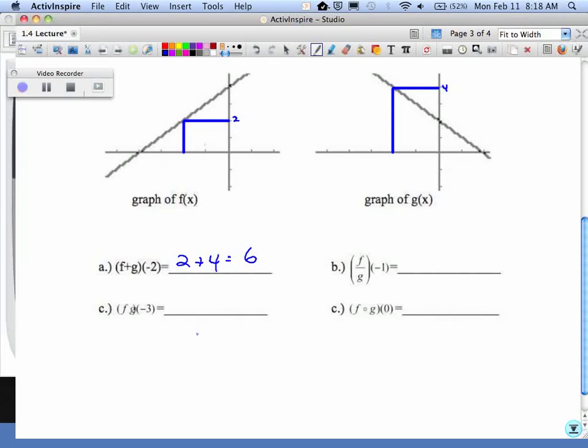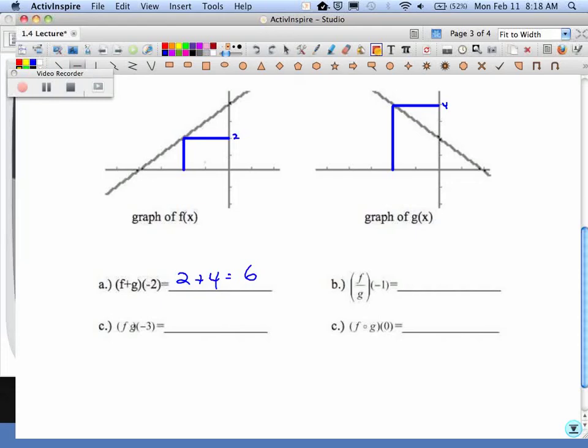Let's do B. So that's a division. So again, -1. We'll use red. So we're supposed to go to -1. -1 would be here. I go vertically to the x-axis, horizontally to the y-axis, and my output is 3.